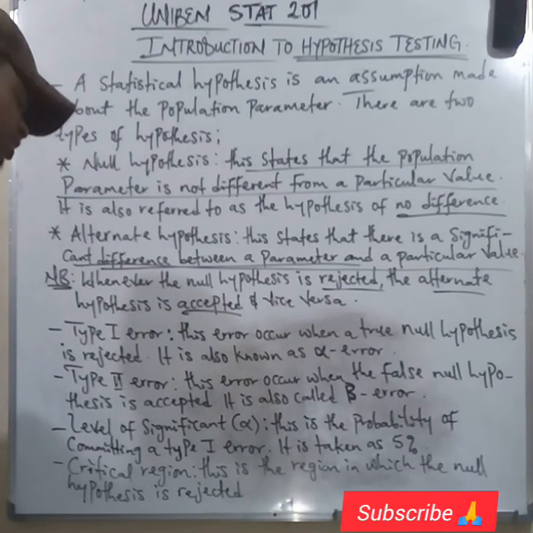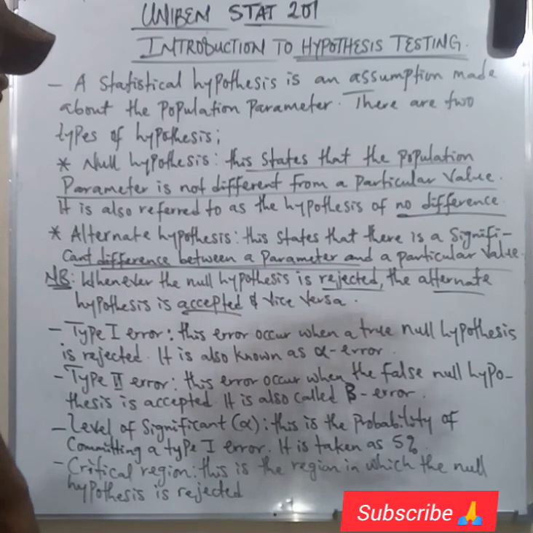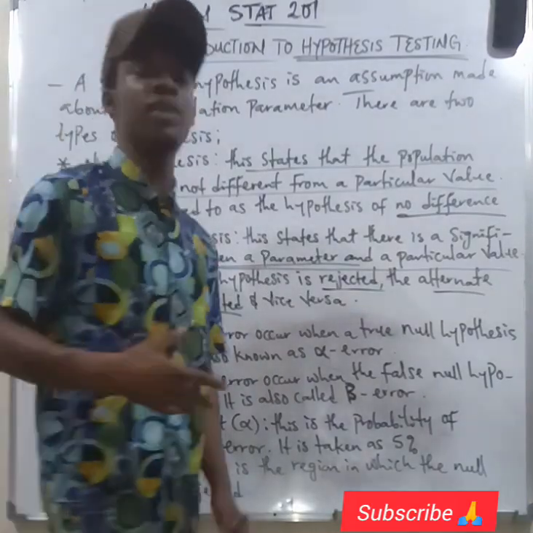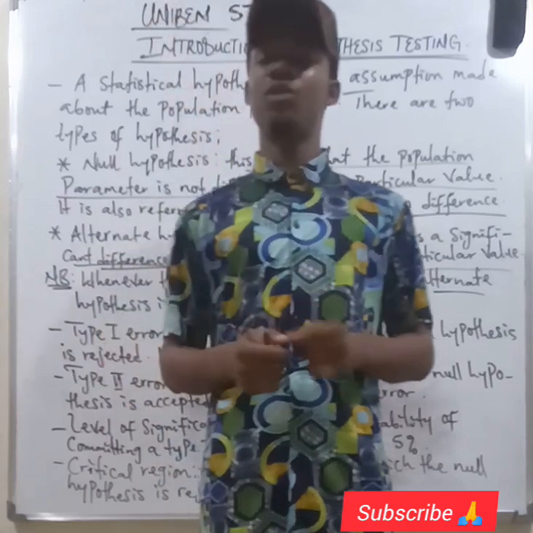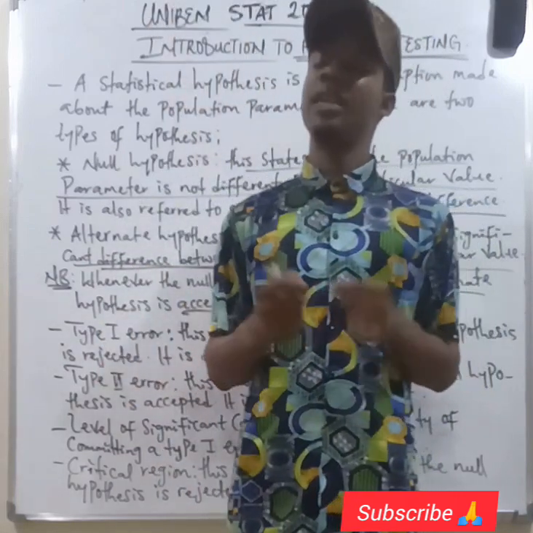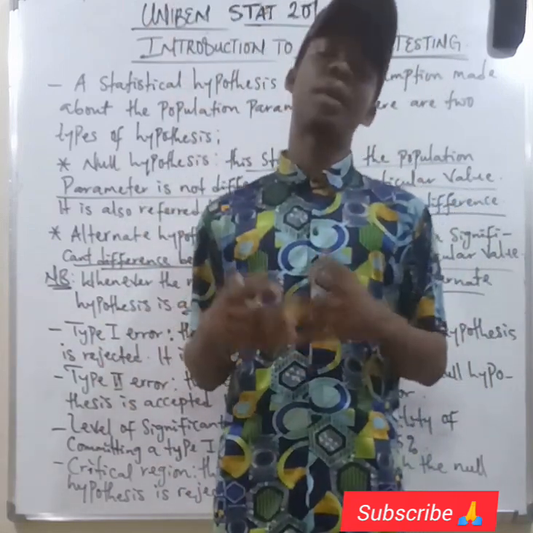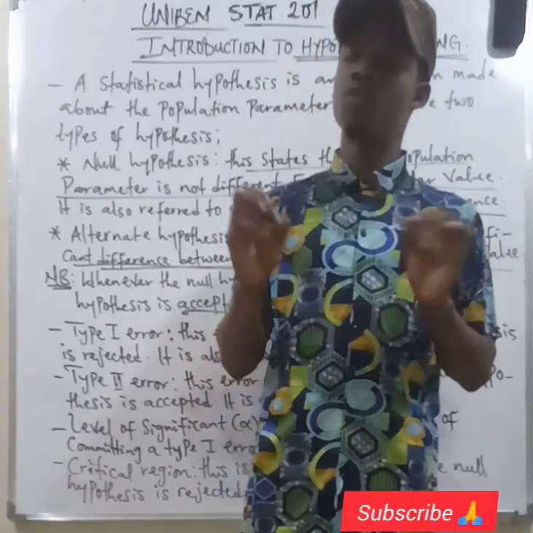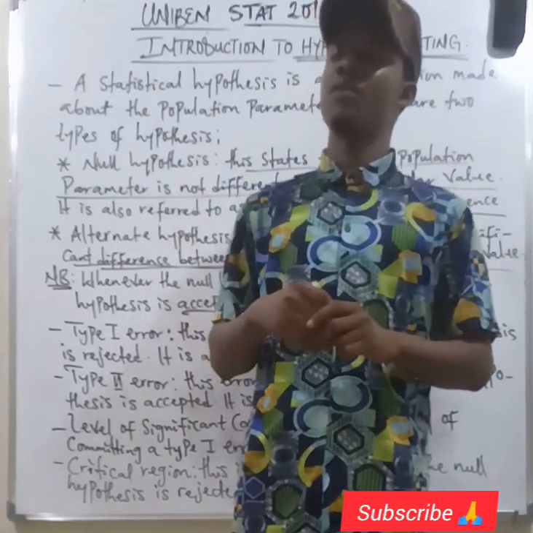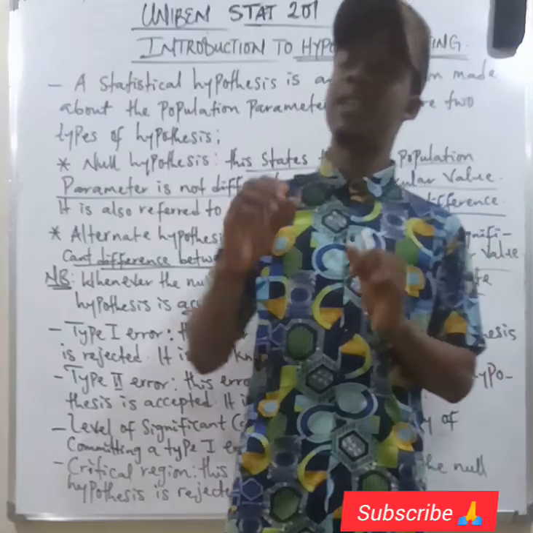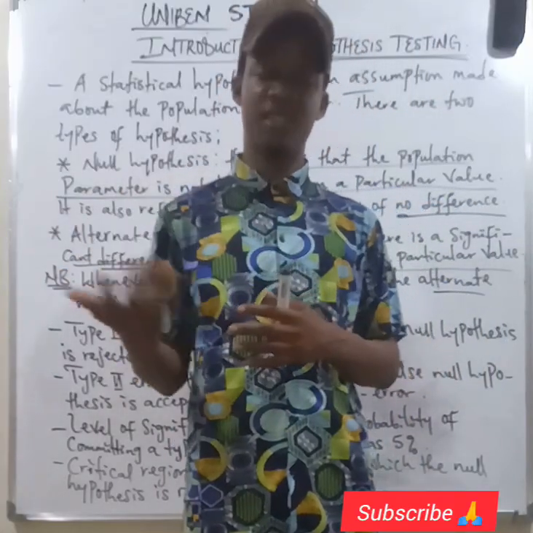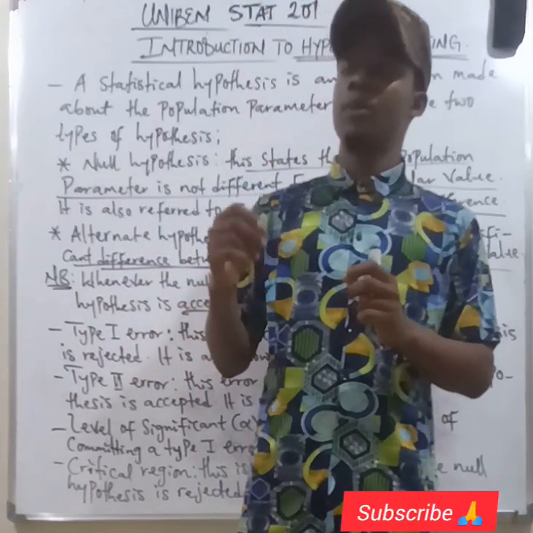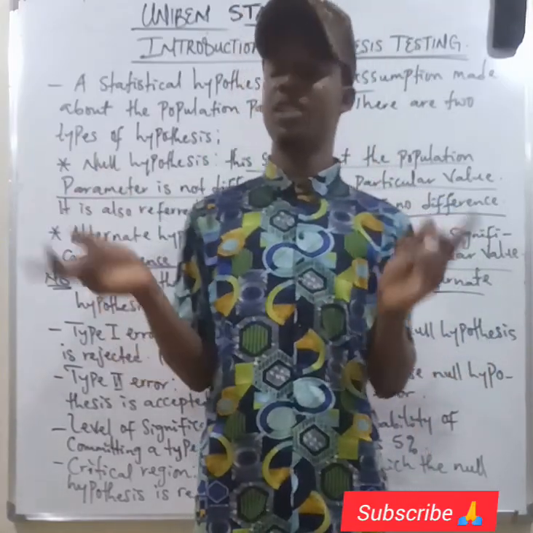Now, what then is the level of significance? The level of significance is the probability of committing a type 1 error. In every statistical hypothesis, there is always a certain level of chance that a true null hypothesis will be rejected.